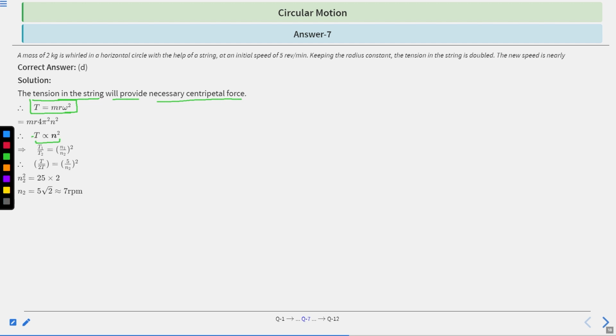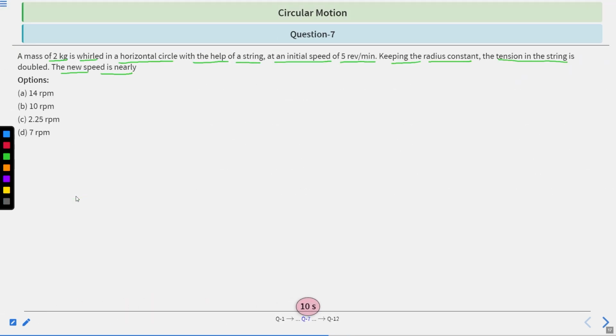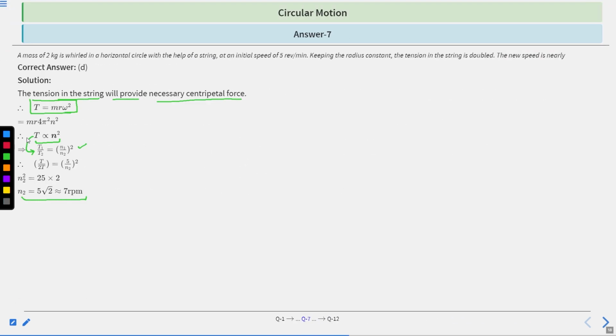Using this concept, T1 upon T2 equals N1 upon N2 whole squared, where T2 is 2T and N2 is 5. Putting in all the numerical terms, you will get N2 equal to 7 rpm. So the correct answer is D, 7 rpm. Clear? Next question.